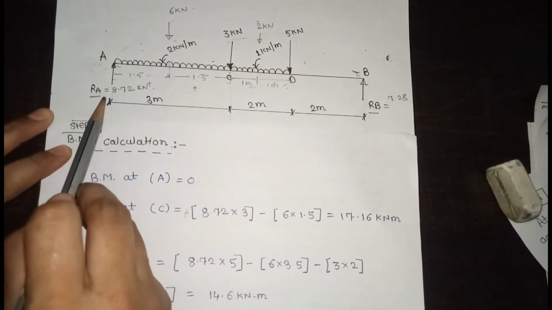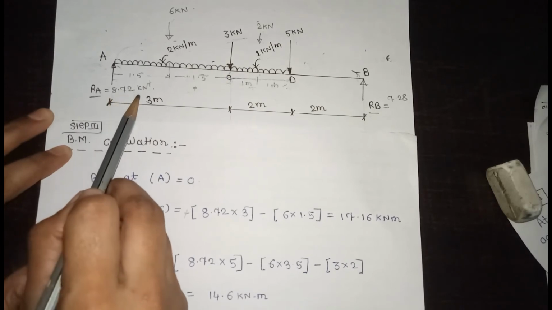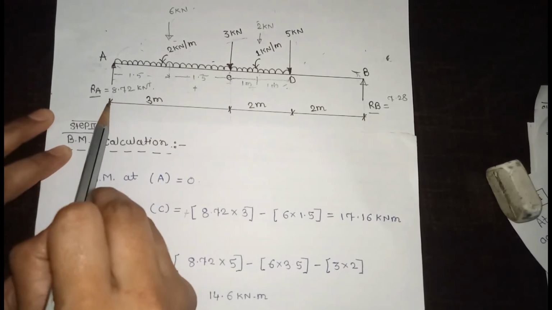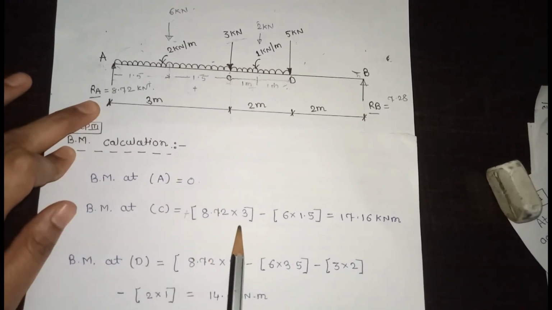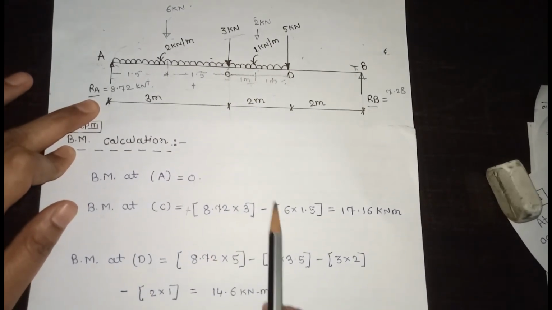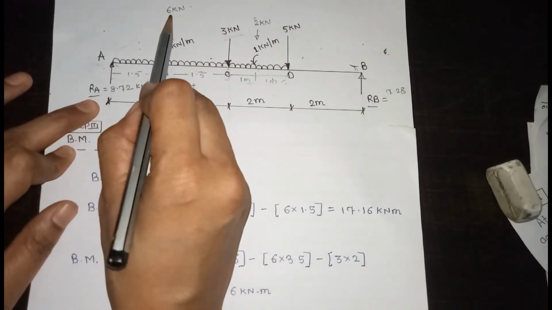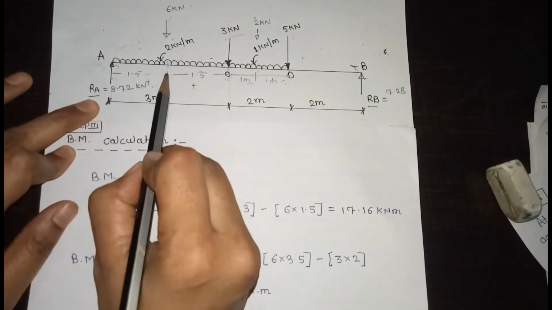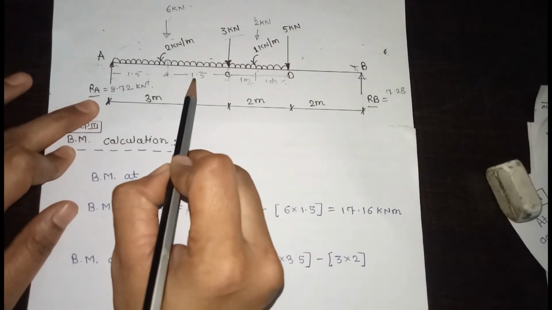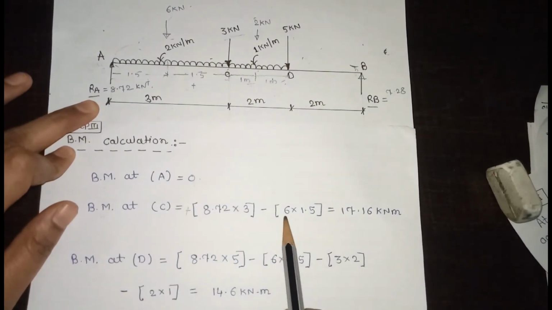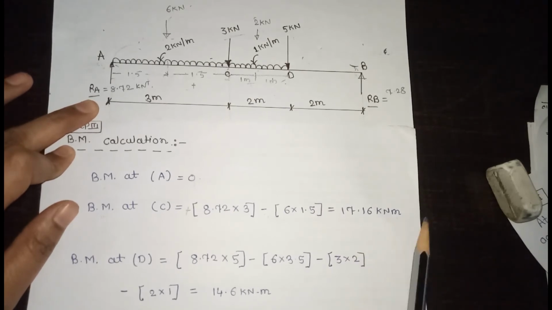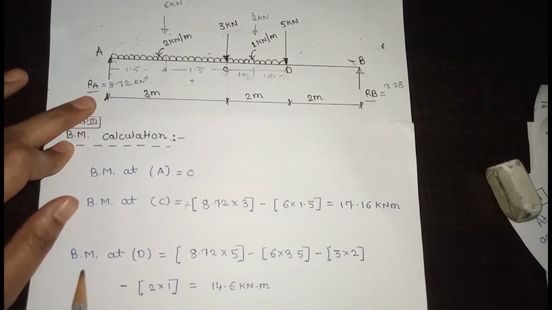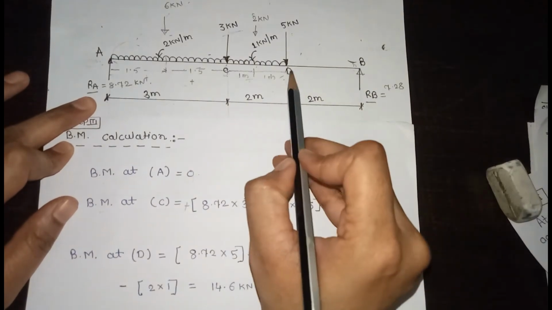Then what is the value of first force? 8.72 into perpendicular distance from point A to C, 3. Then minus anti-clockwise force 6 into perpendicular distance 1.5, means minus 6 into 1.5 is equal to 17.16 kilonewton meter.